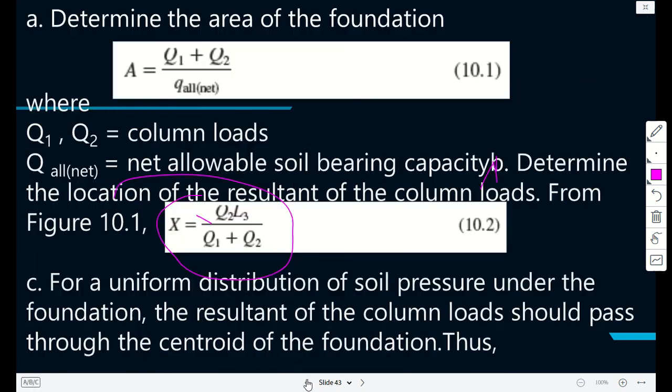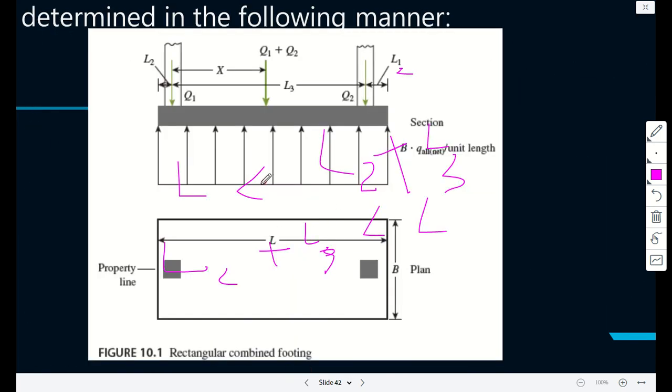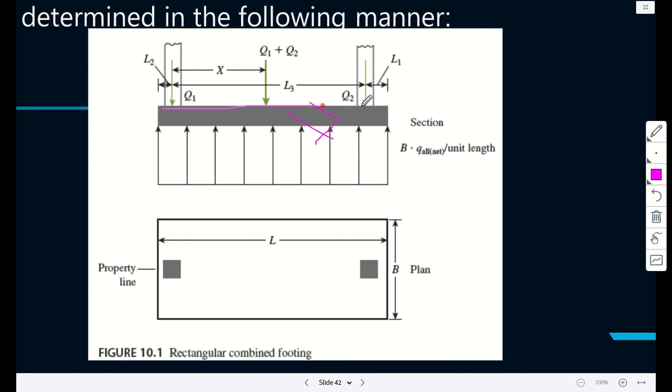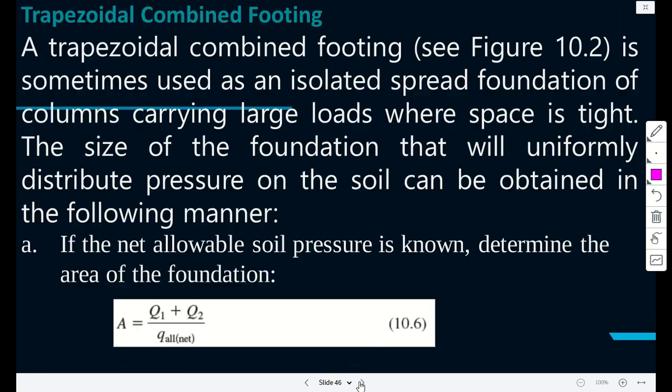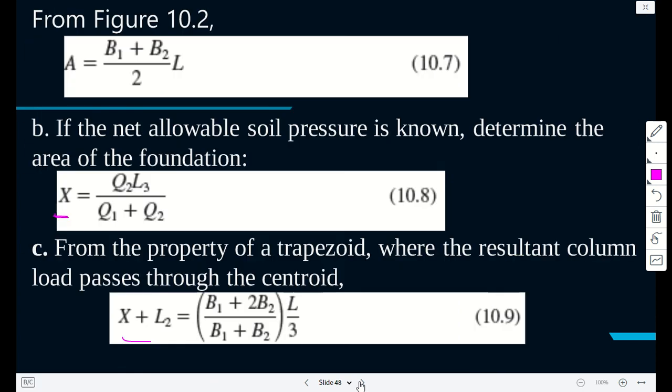It's just a combined footing, but now it is designed as a beam. That's all. It's more like concrete design. Because you join the two loads, you design that more or less as a beam element.